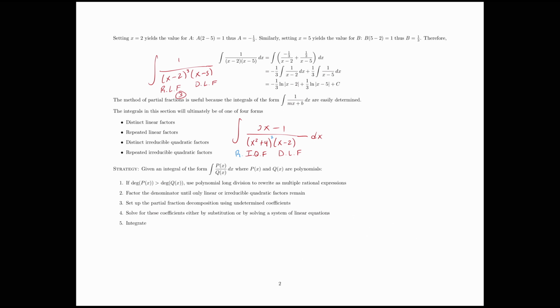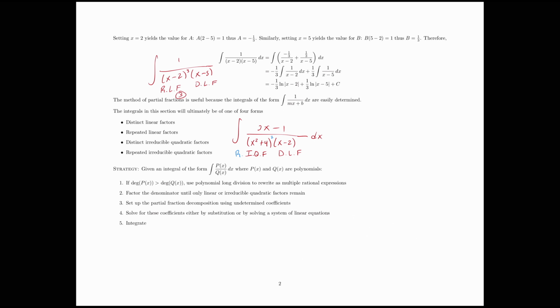So really, the things you need to know are, given some factor in the bottom, is it a first-degree polynomial or is it a second-degree polynomial? If it's a second-degree polynomial, are you sure it doesn't factor further in the real numbers?